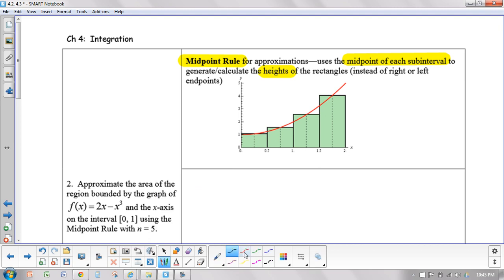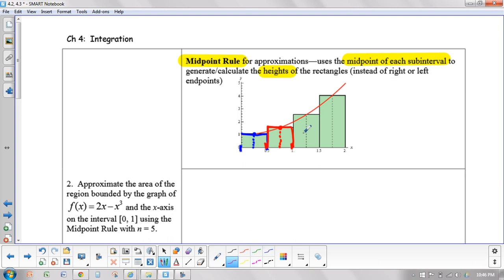So what that looks like when you're drawing this out is you would go, so here is a division. Instead of going up to the function on the left or the right, you go in the middle of it, go up to the function, and go over. Here's another divider, and here, instead of using the left or the right to go up to the function, you take the middle of it, go up to the function, and that's your height for your rectangle.